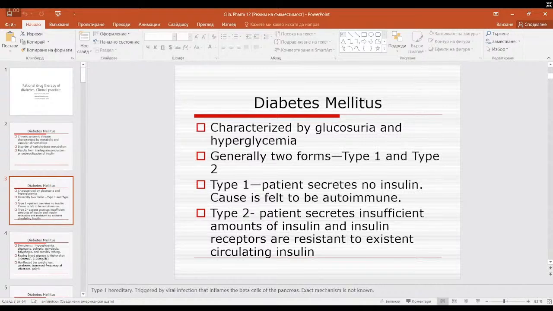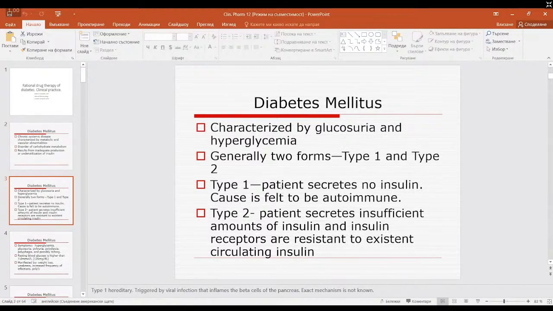In this exercise, we're mainly going to focus on diabetes mellitus, mostly type 1 and type 2. Type 1 is relatively less common, around 5 to 10% of all patients with diabetes, and 90 to 95% of patients have type 2 diabetes.